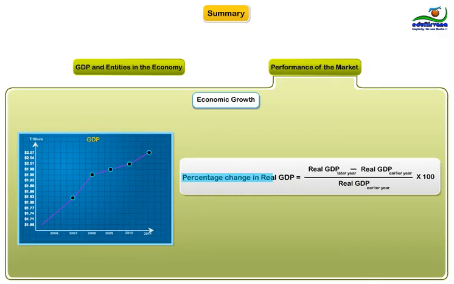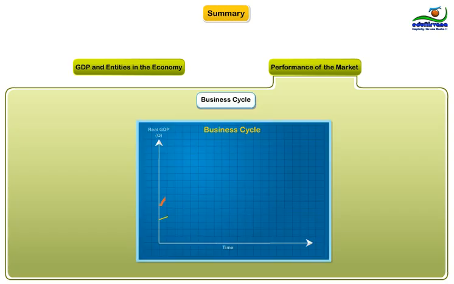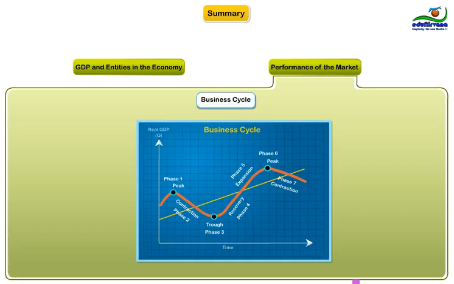Percentage change in real GDP is equal to real GDP later year minus real GDP earlier year, divided by real GDP earlier year, whole multiplied by 100. And the second one is the business cycle to assess the ups and downs in the economy.